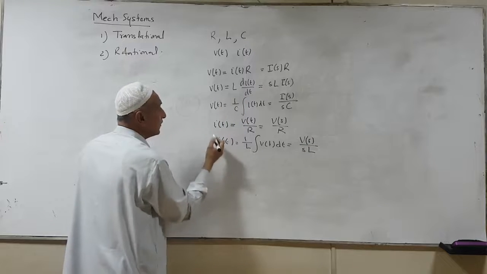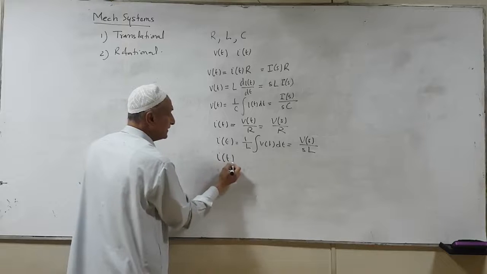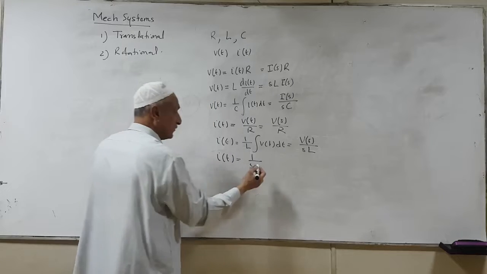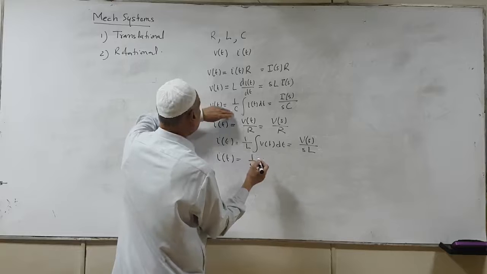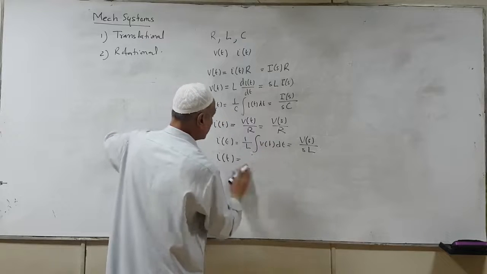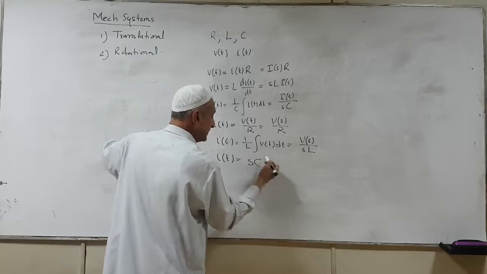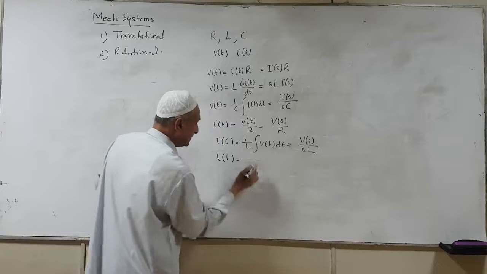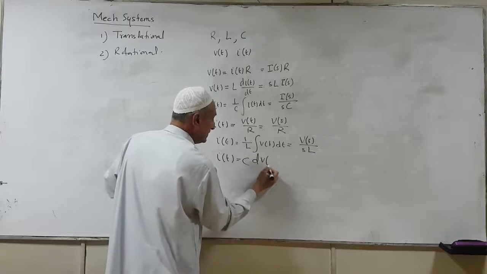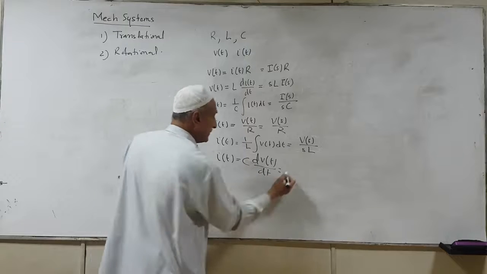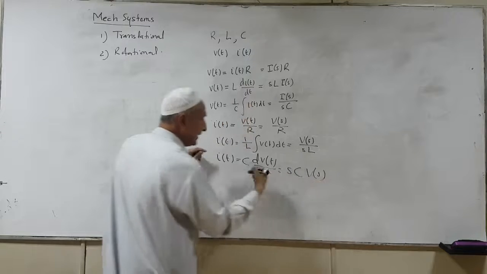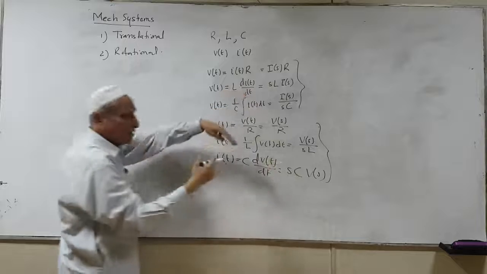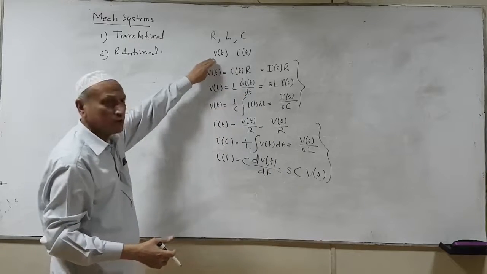And in the case of the capacitor, we have i(t) equal to C dv/dt. If we take the Laplace transform, it is sCV(s). So in any case, either this set or that set can be used. It doesn't make any difference whether you are given source v(t) or i(t).